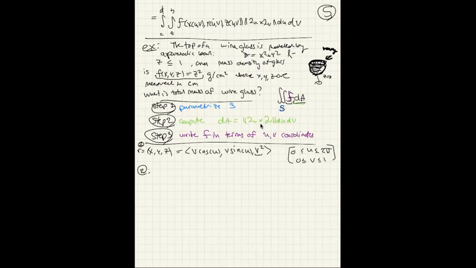So that was step 1. Here's 2. Got to do a partial u and a partial v. I'm going to run through these pretty quickly. So a u derivative is negative v sine u, v cosine of u, 0. And here I've got cosine of u, sine u, 2v. And now I've got to do a partial u cross partial v.